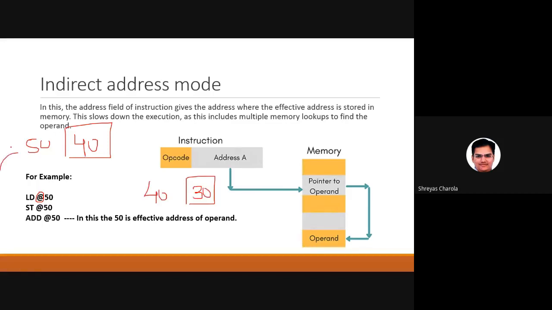When you write at the rate 50, it will go to 50 first, take this data, make it an address, go to that address, and load that content into the accumulator. That is what we call indirect addressing mode. Is it clear, all of you? Okay, good.